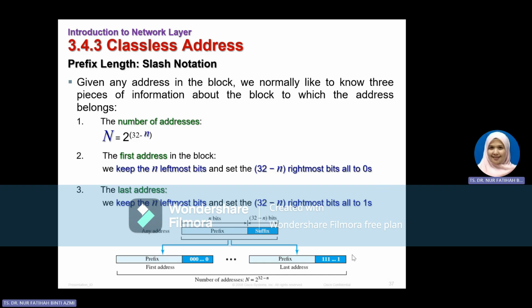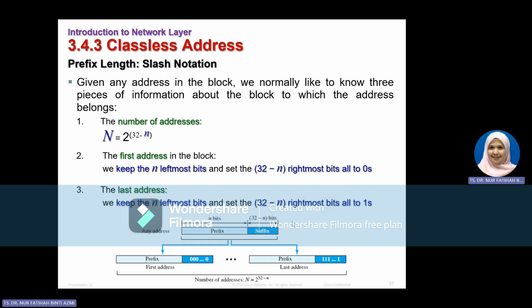For example, if you have 192.168.12.64 slash 27, in the binary of the IP the last bits become 0000.